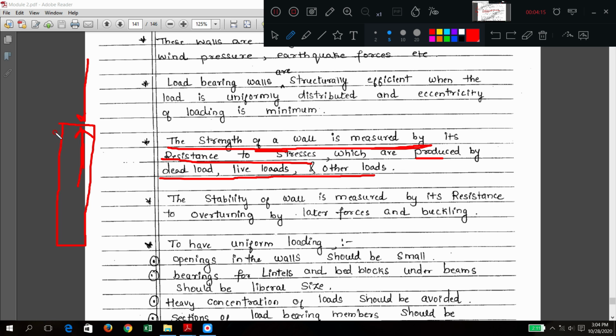Suddenly it will not collapse, and the wall will not suddenly become smaller, because it is resisting the given load. So strength depends upon its resistance. Strength of the wall is its resistance to the applied load or applied stress produced by dead load, live load and other loads.